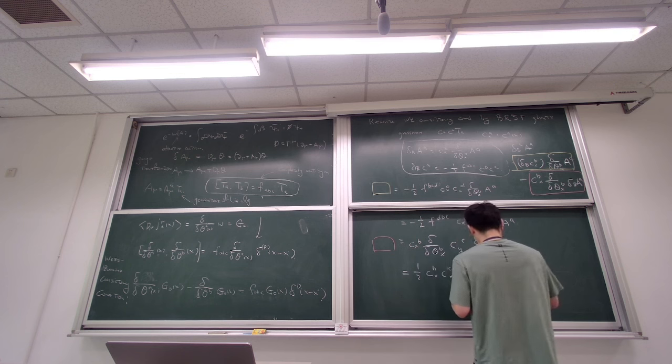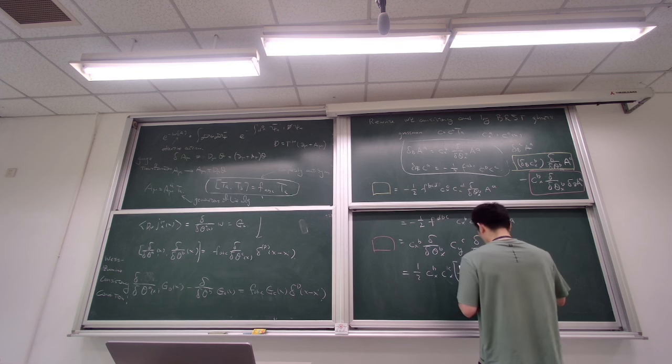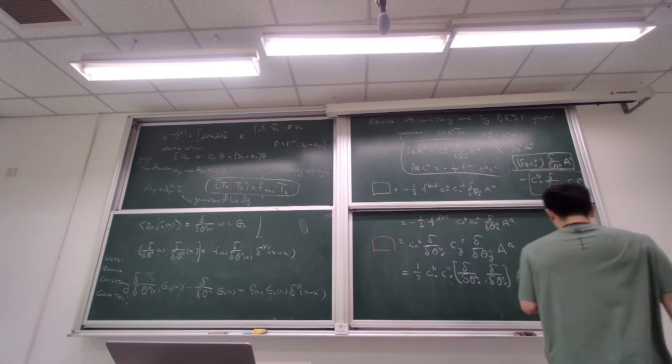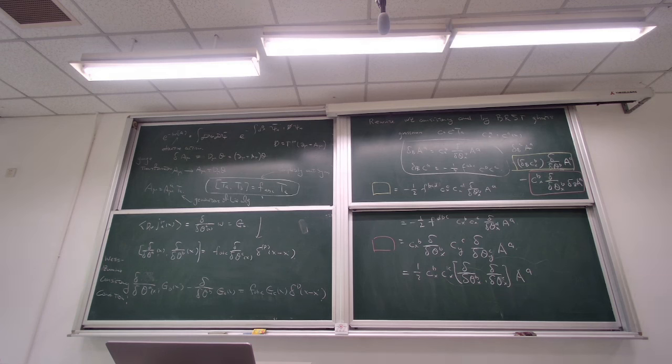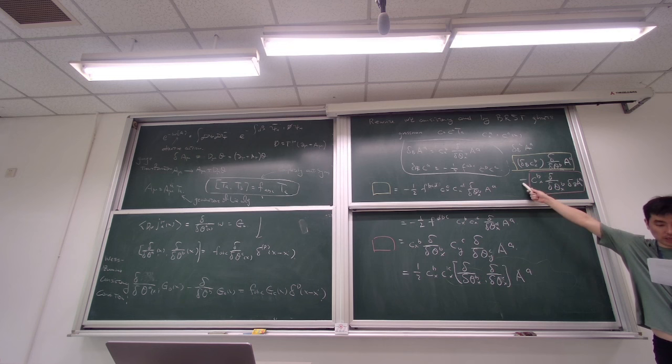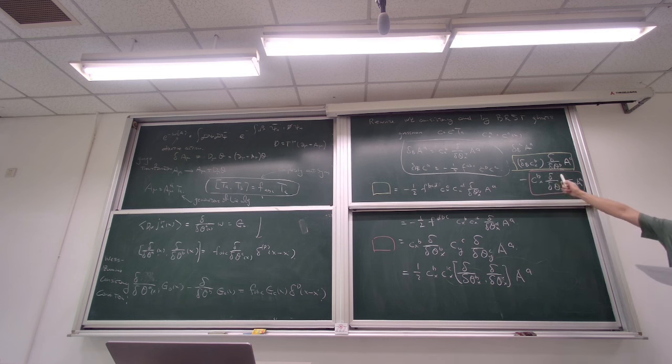CX, CA, CX, and A. Okay, so that's what's happened. So if you add them up with taking care of a negative sign here, what you end up with is as follows.